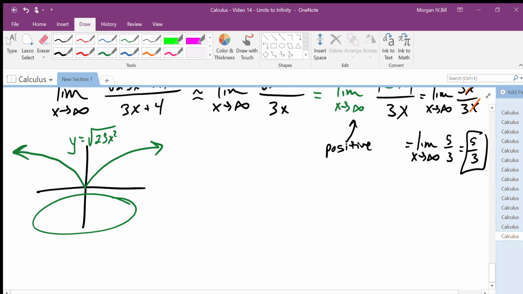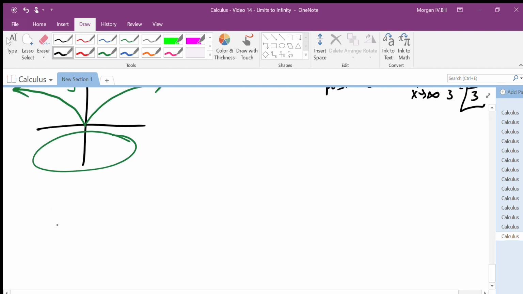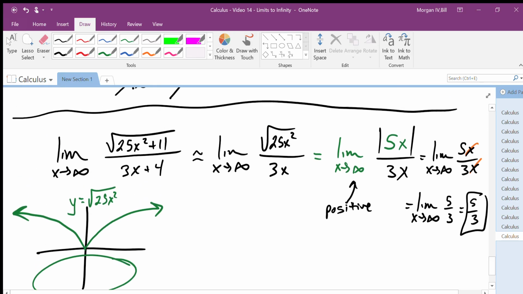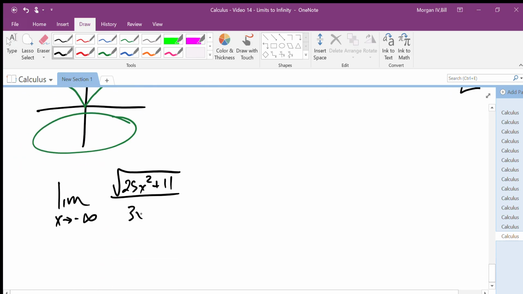Okay, what happens, though, in this case, if we have the limit as x goes to negative infinity of the square root of 25x squared plus 11 over 3x plus 4? Same idea. Limit as x goes to negative infinity, square root of 25x squared over 3x.